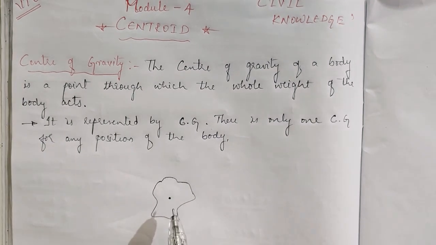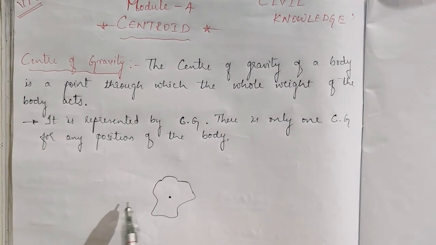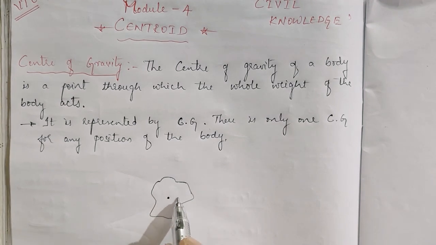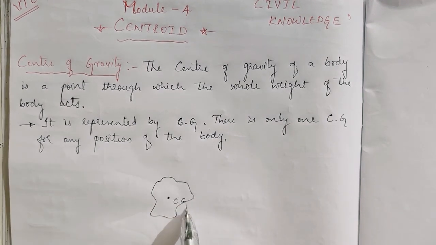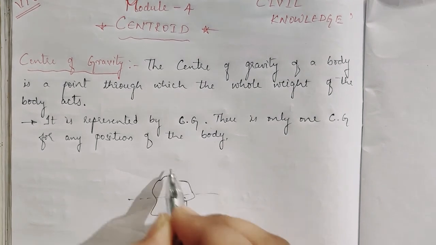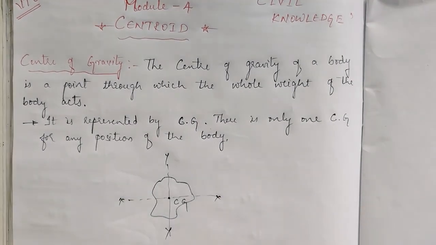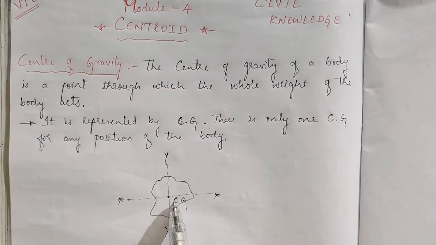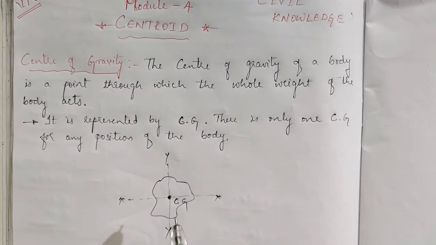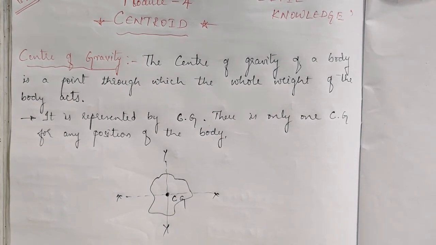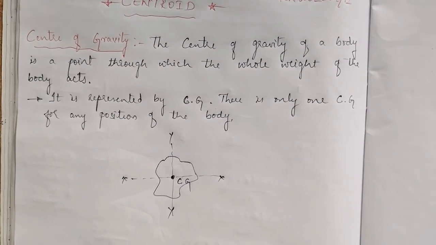So CG can be told as the point through which the whole weight of the body acts. If I take this body, and this is the x-axis and this is the y-axis, this is the point of CG where the whole weight of the body acts, and it will not change its position.